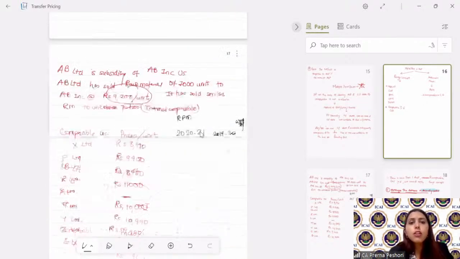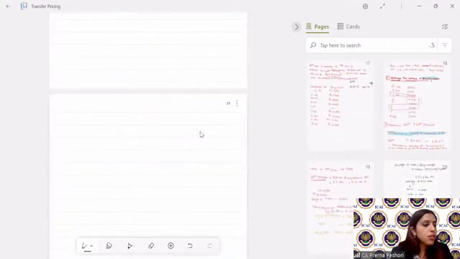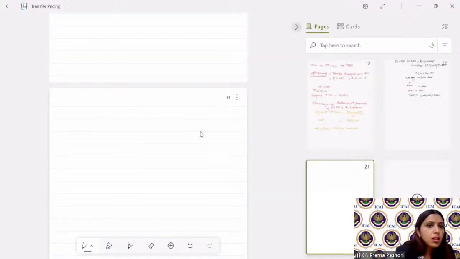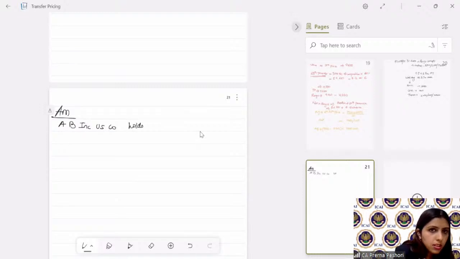So now how do you calculate arithmetic mean? Let me give you a small example. Say, for example, AB Inc, a US company, holds 30% stake in AB Limited.